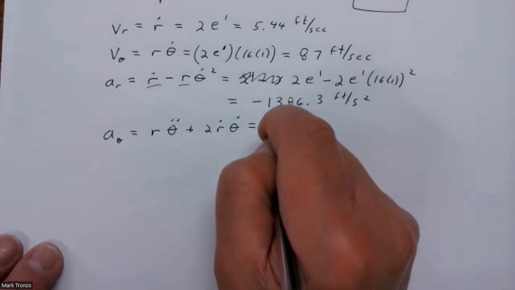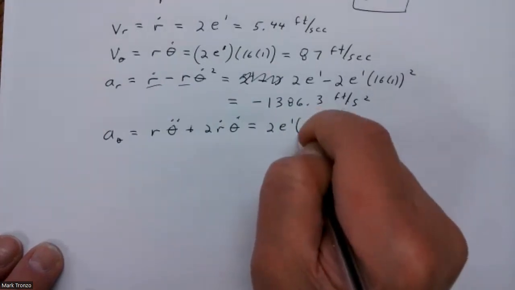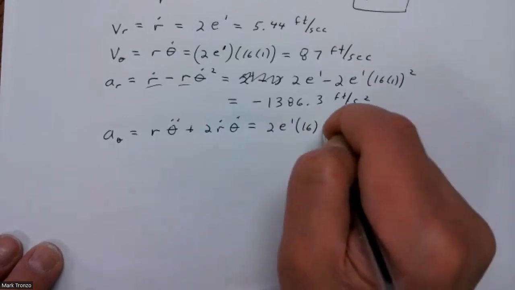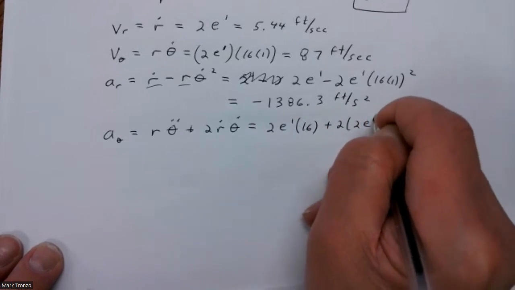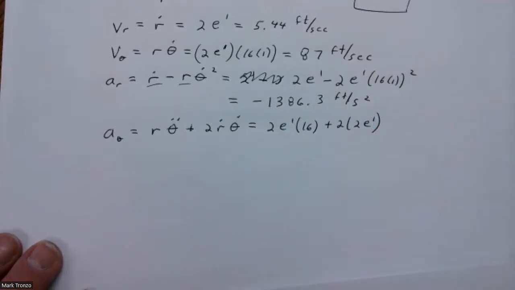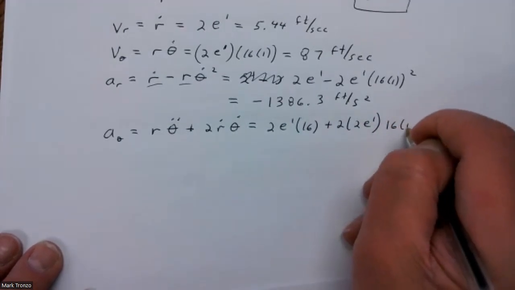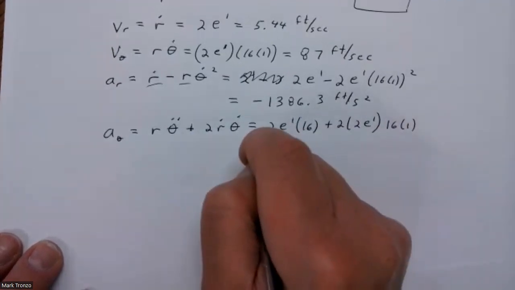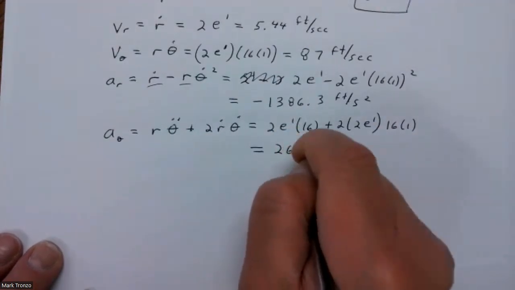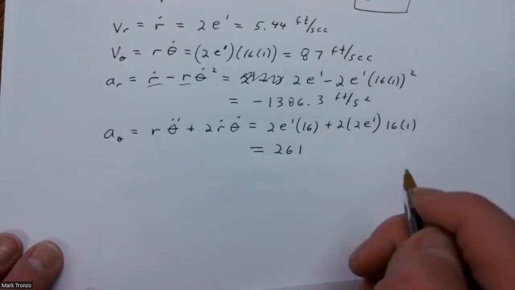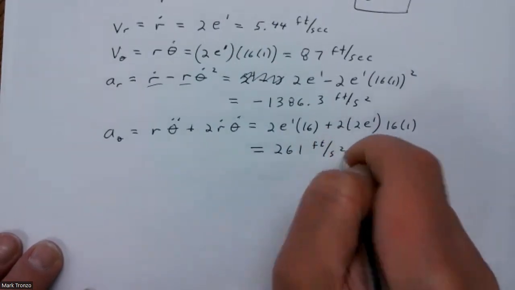That's going to be 2e to the first times 16, plus 2 times e to the first, that's r dot, times theta dot, that's 16 times 1. When you put that in your calculator, you get around, I'm rounding this quite a bit, 260.9. I'll just call this 261 feet per second squared.